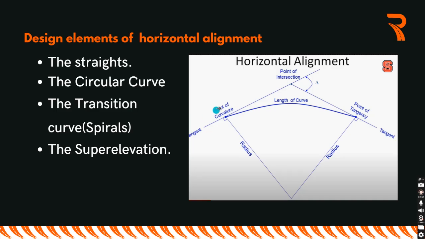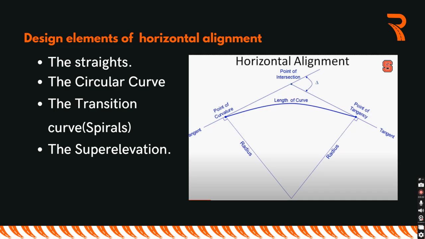So let's look at this picture. There is the tangent here, and just at the point of curvature, that is where the straight touches the curve. In between, you're going to have the transition curve, and then you get to the curve. The same thing happens when you're exiting at the point of tangency. In between, you're going to have a transition curve so that you can go back to the straight section.